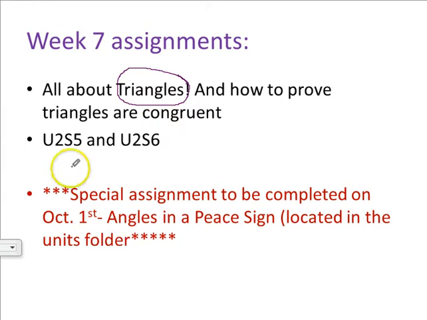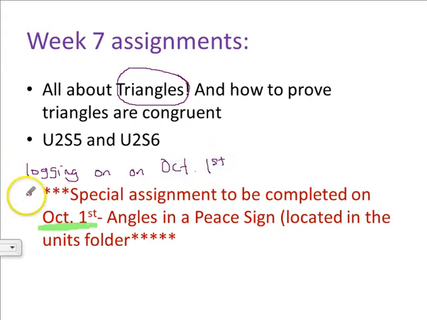We also have a special date this week, October 1st. This is our count day for how we get funding for our school. So it's so important that you guys are logging on to all your classes on October 1st and also completing assignments. So this is super important.